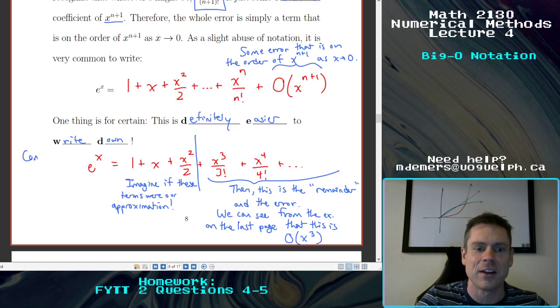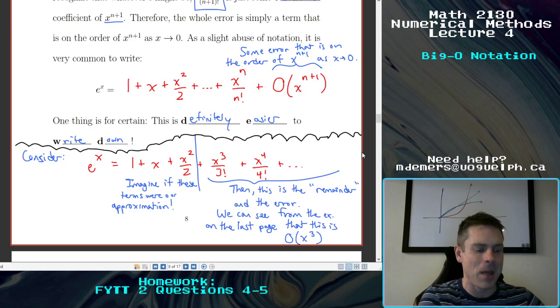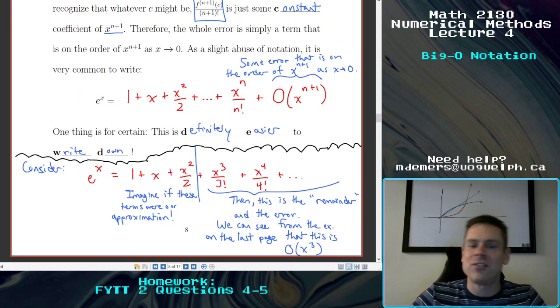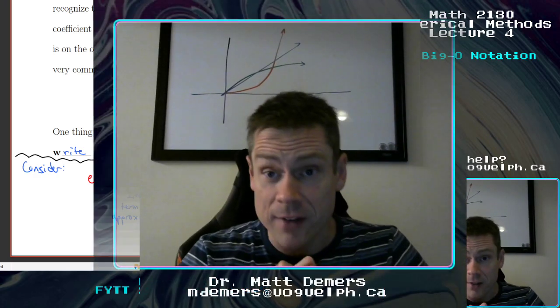So I'm just going to say consider this just as one kind of bonus example at the bottom here. And you can start to see why this is a little bit of a powerful thing. Sometimes it's just useful to have a simpler way of quantifying these kinds of concepts.